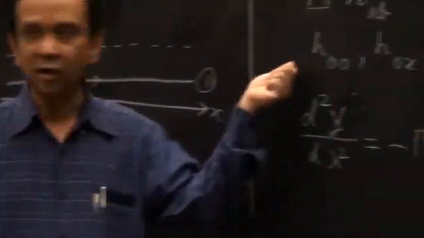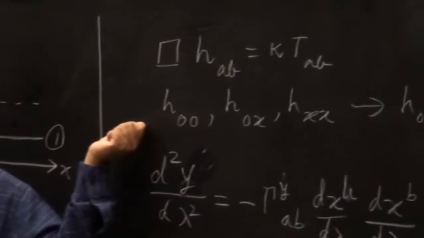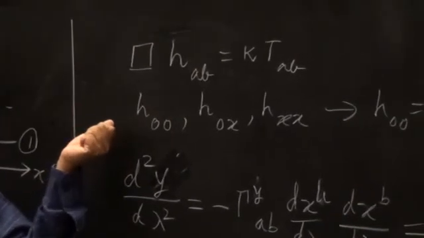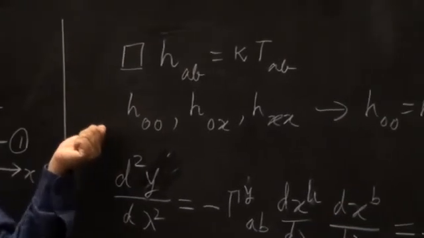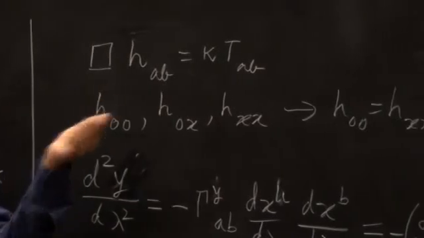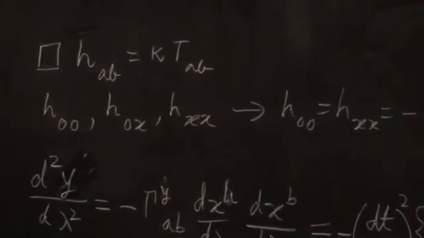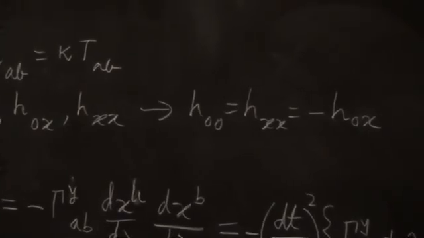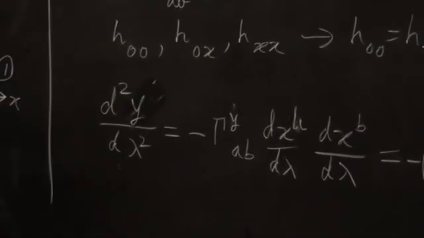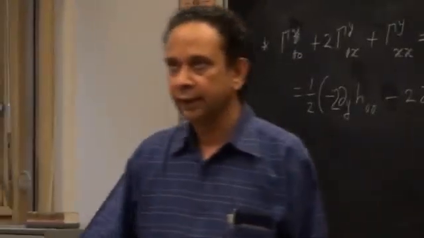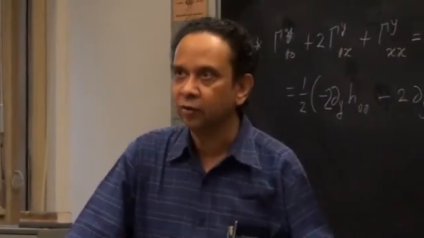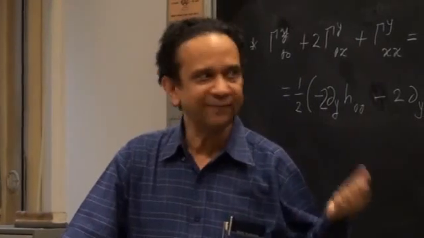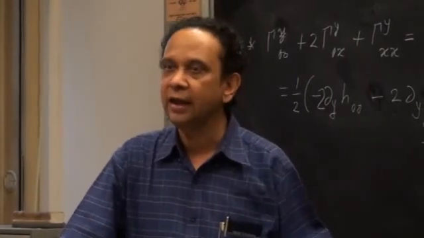Up to this part is common, whether you are using a graviton kind of picture, or tree-level scattering in a graviton picture, or whether you are writing a linear perturbation around Einstein's theory. They are identical mathematically. There are no surprises. The question is, what does this translate into? This is the equation of motion for a photon. Now, the equation of motion for the photon, how did this fact get incorporated in anything which we did?